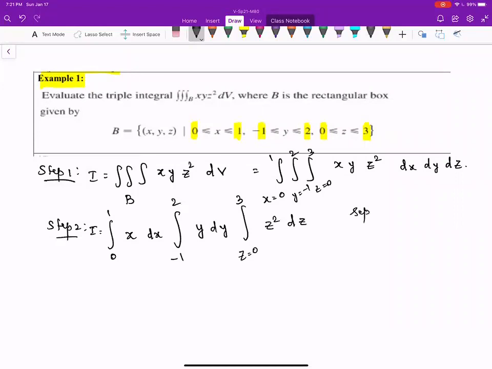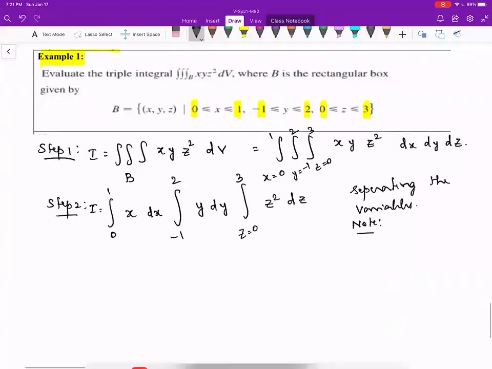So we did this by separating the variables. Note, we were able to do this because the limits are definite limits, or constant limits, constant lower bound, constant upper bound.